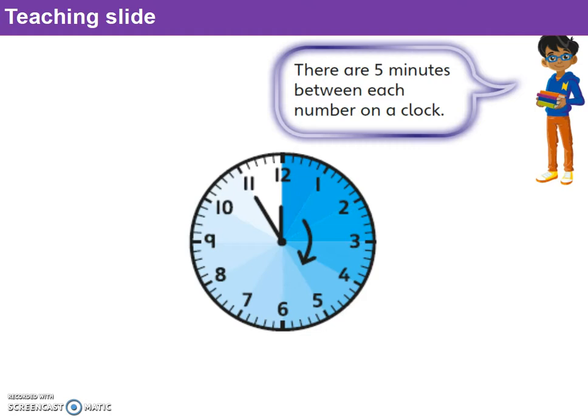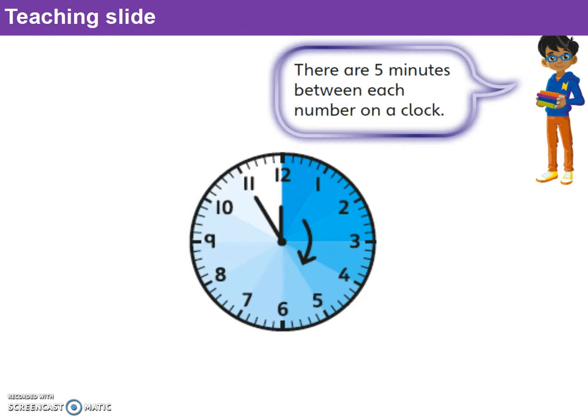So now if we count in those jumps of 5, we get 12 until 1, which is going to be 5 minutes, 1 until 2, which is going to be another 5 minutes, 2 until 3 is another 5 minutes, 3 until 4 is another 5 minutes, 4 until 5 another 5 minutes, and so on.